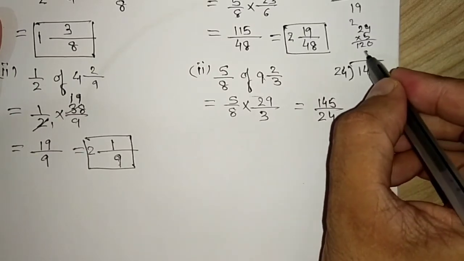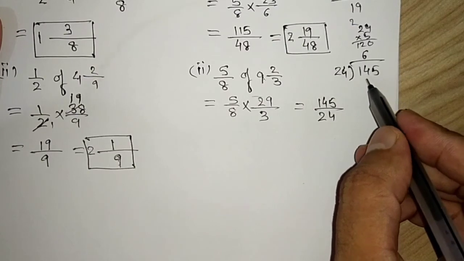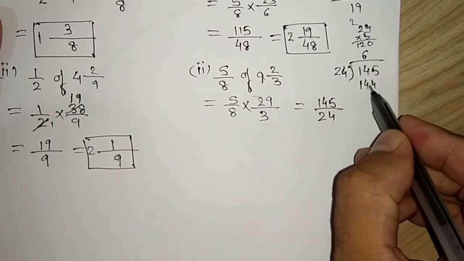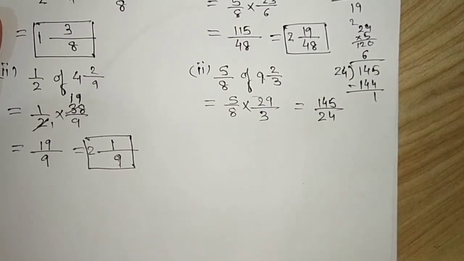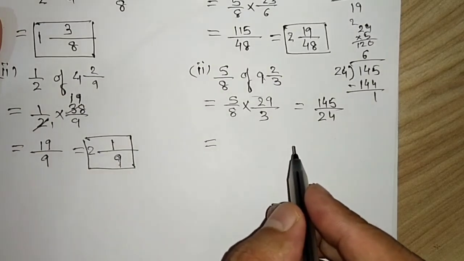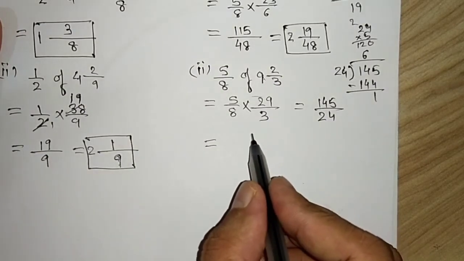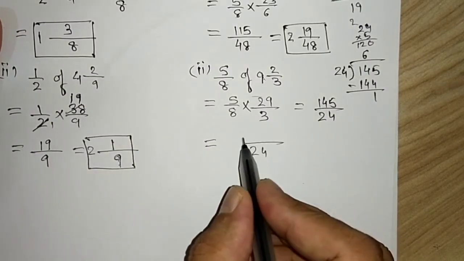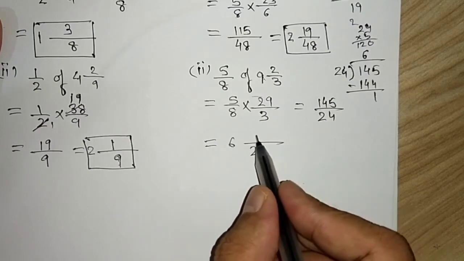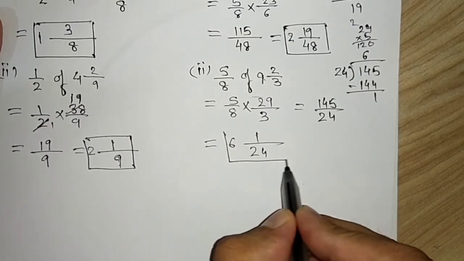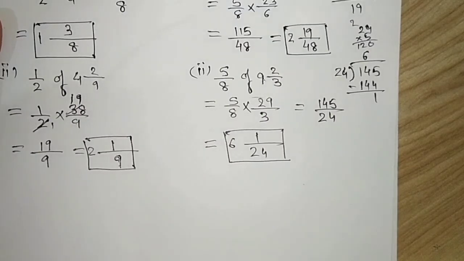So it will be 24 6s. 24 6s is 144, remainder is 1. So our answer will be 6 integer 1 by 24. This is your answer.